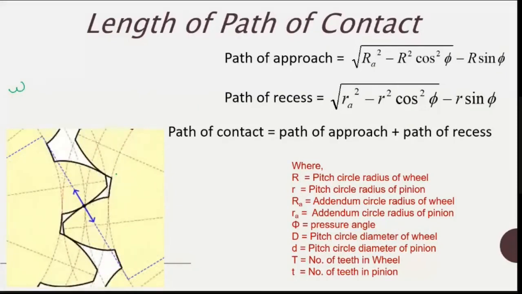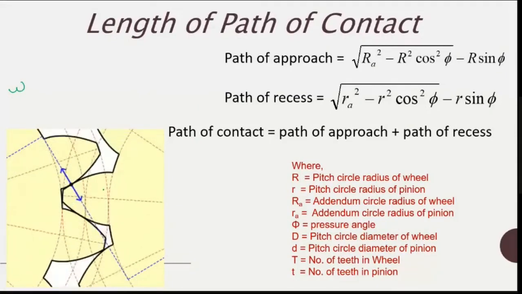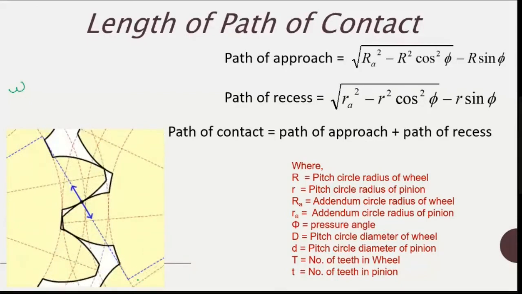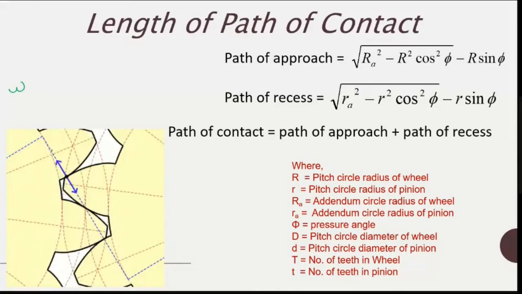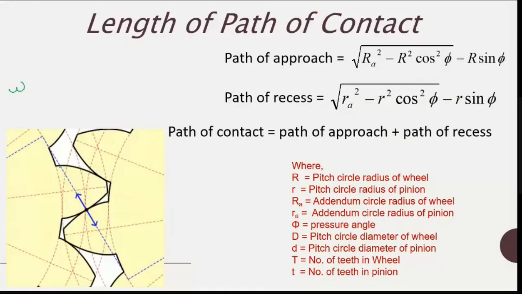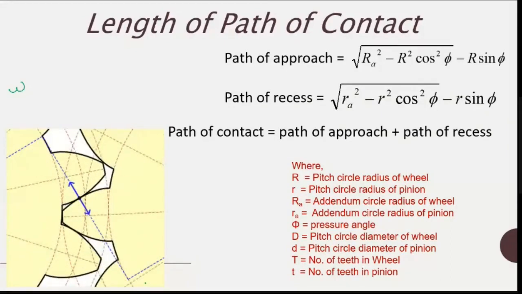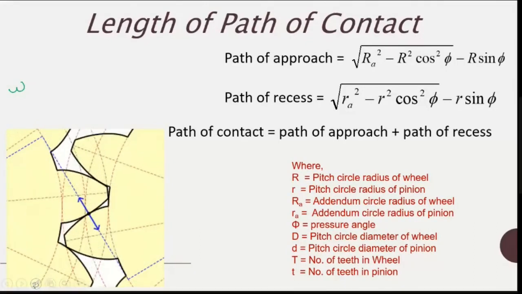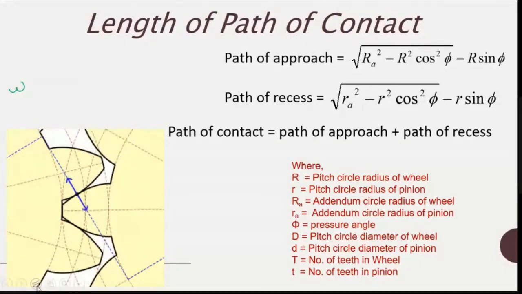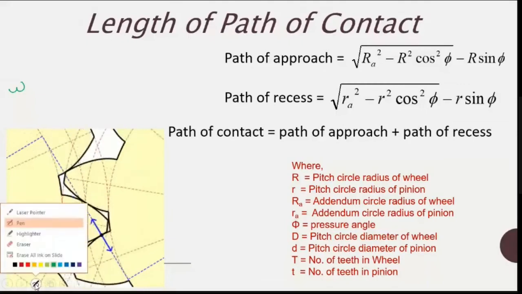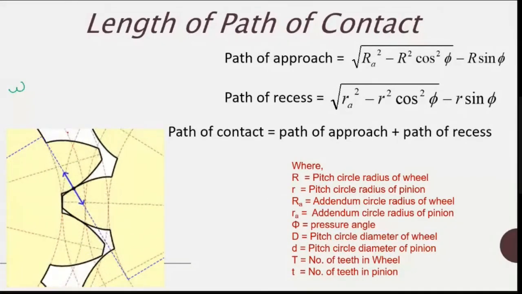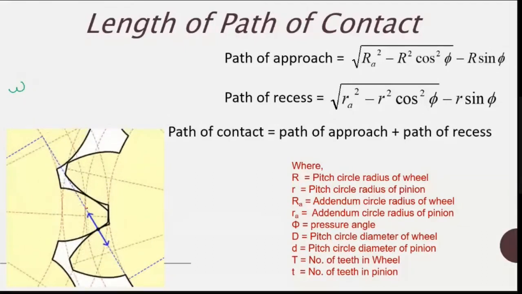Actually, it's an animation. Here you can see that it is having contact, and that contact is a line, a blue color line. Now, if I consider these two gears, you can see this curve and this curve.